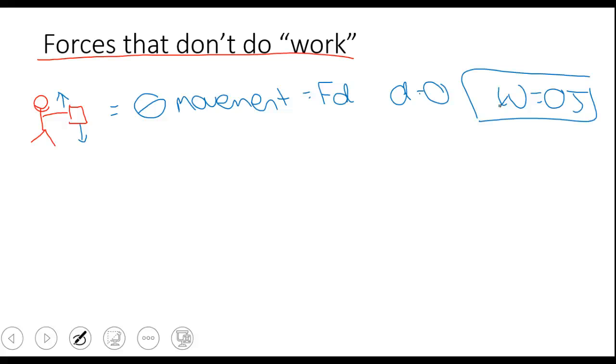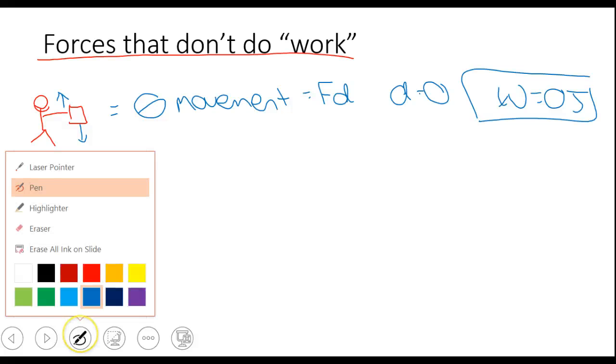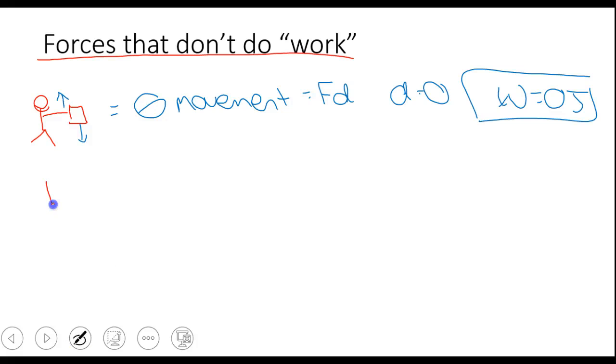The other thing that maybe you won't like is, let's say I am carrying something, like a box. So again, the box is pulling down and I'm pushing up, but I'm also walking in this direction to the right.